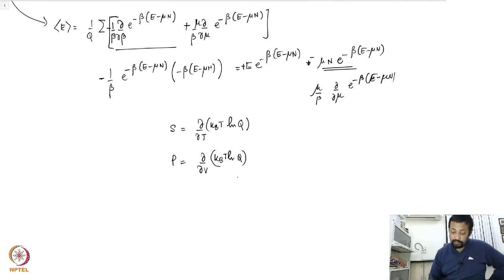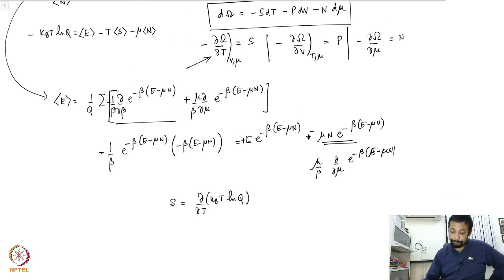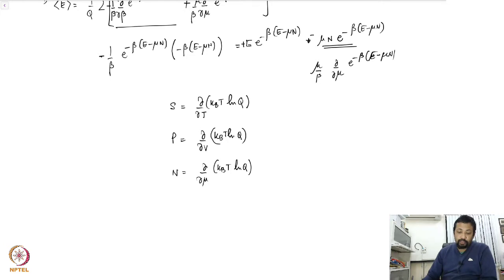And finally, N is going to be del del mu of kBT ln q, right? Good.